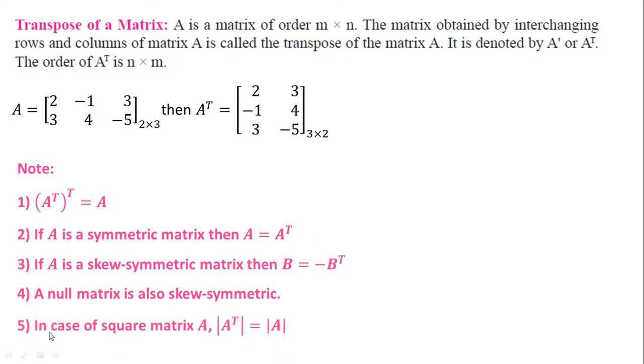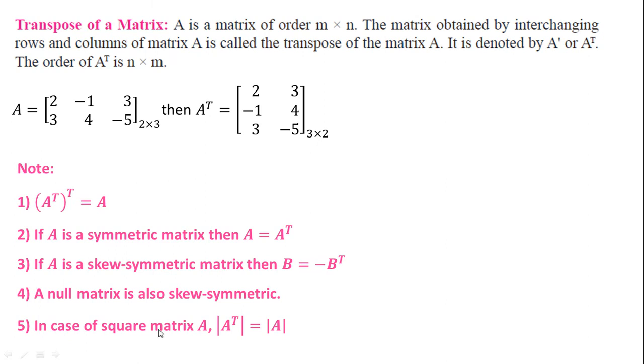And in case of a square matrix A, see carefully, symbolically, suppose a square matrix A is given to you, then the determinant of A transpose is equal to the determinant of A. Determinant is possible in case of a square matrix only.